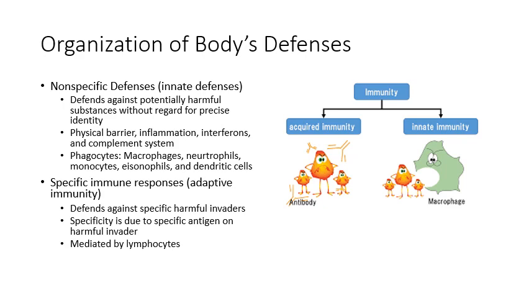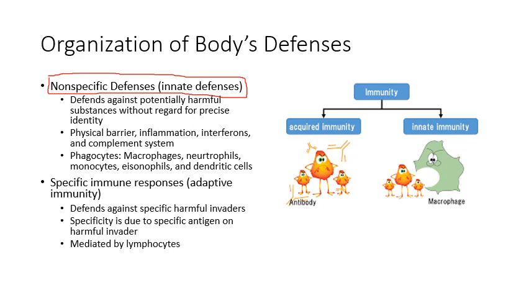So there are two kinds of defenses that make up the immune response. The first, or the initial defense, is called the innate defenses. Non-specific, or innate. So these defenses are non-specific.